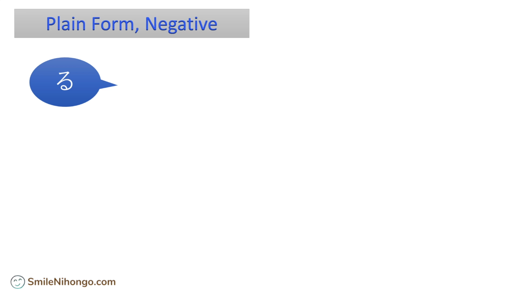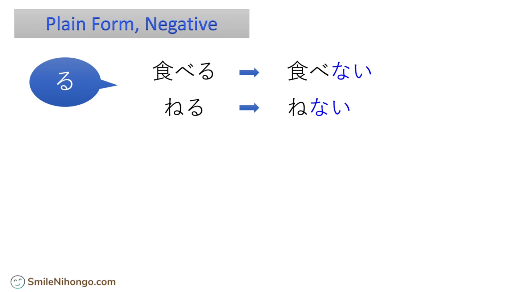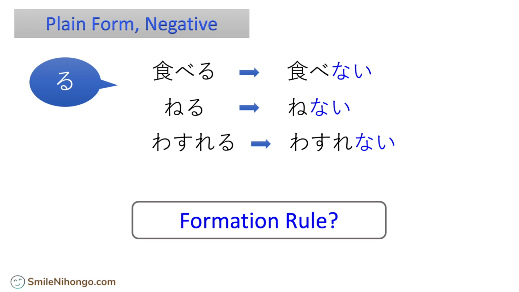These are some example ru verbs with their negative forms. 食べる、食べない。寝る、寝ない。忘れる、忘れない。 What's the formation rule here to convert plain forms into the negative?